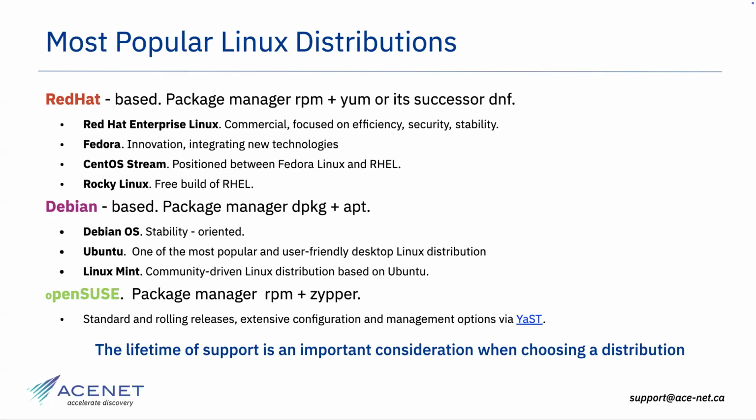The package management system is composed of two components: a low-level tool for installing individual packages and a front-end tool for performing more complex actions, such as updating the operating system, installing groups of packages, and satisfying dependencies. We'll have a quick look. I'll do a quick demonstration of using package managers in a moment.